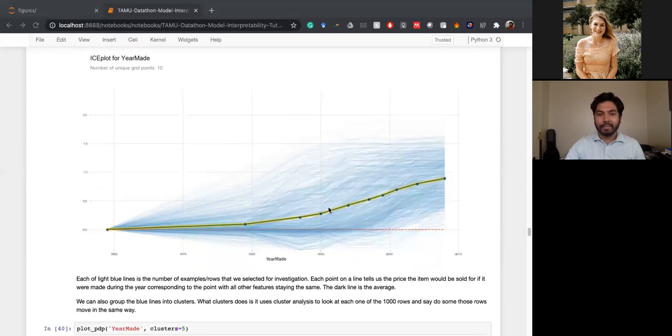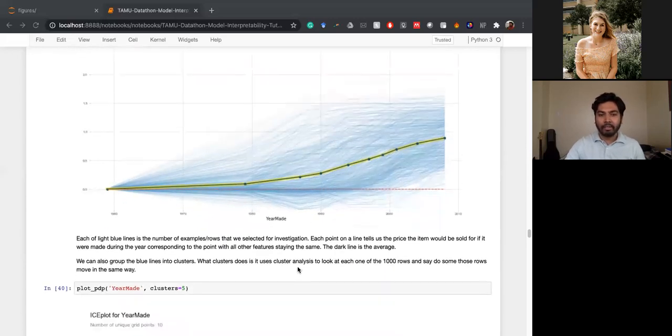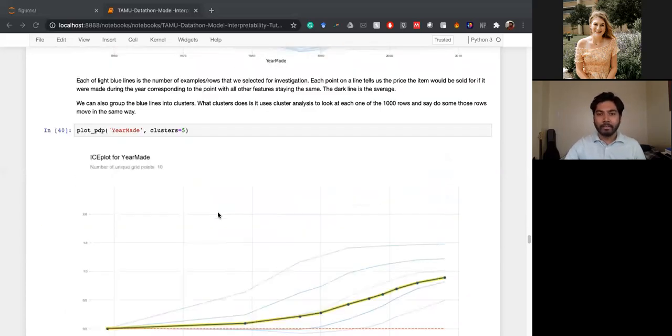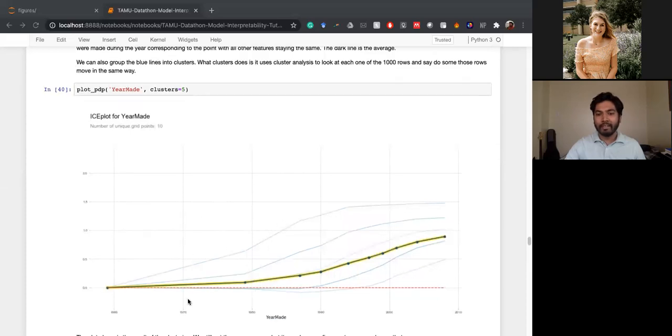Now this looks a bit messy, and if we try to cluster them to see if some of these items increase or decrease in price together, we can see that there are different types of clusters in this data.